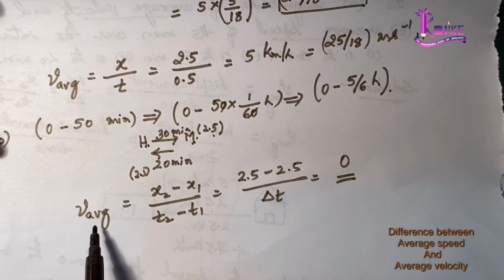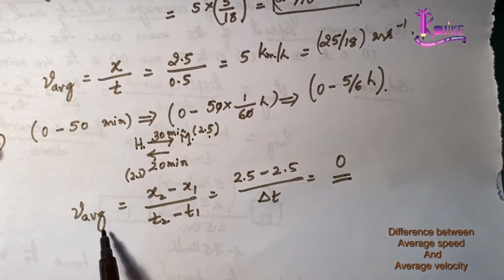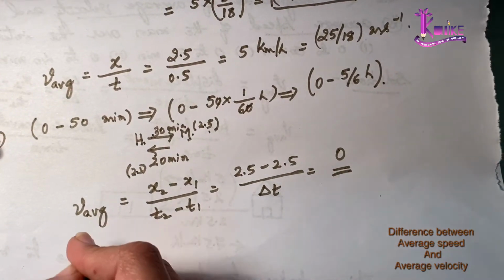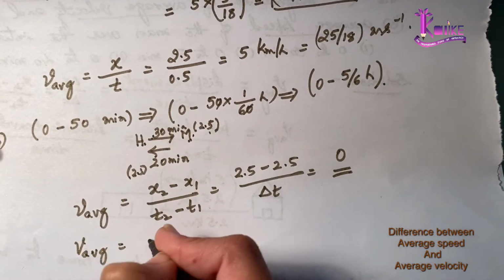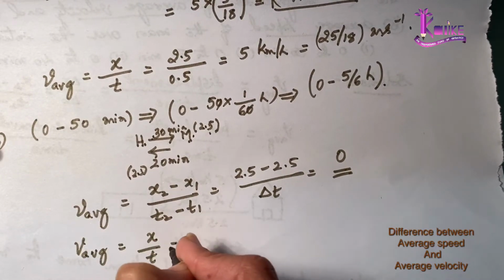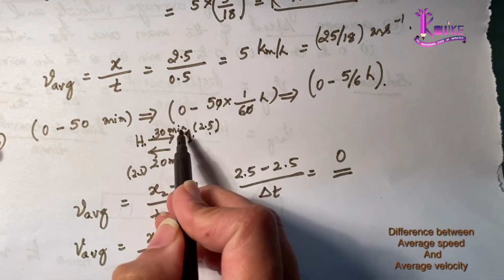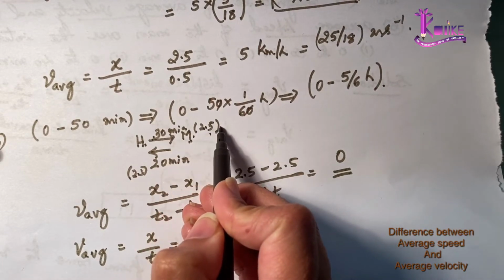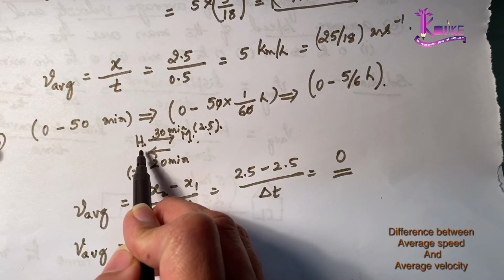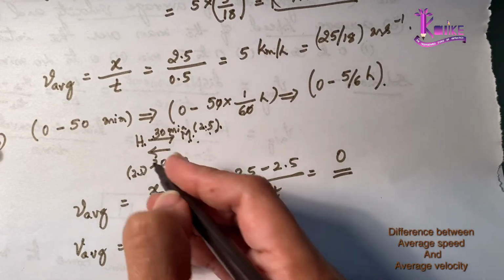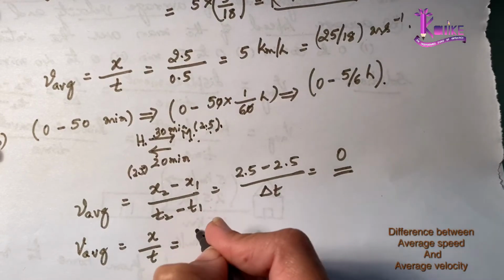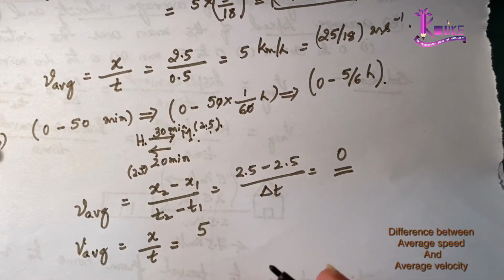Hence since the displacement is 0, the average velocity also becomes 0. But what about average speed? So in order to calculate average speed, we know it is total distance by time. What's the total distance that he travels? He travels 2.5 kilometers forward, 2.5 kilometers backwards. So 2.5 plus 2.5 in this case will be 5 kilometers.